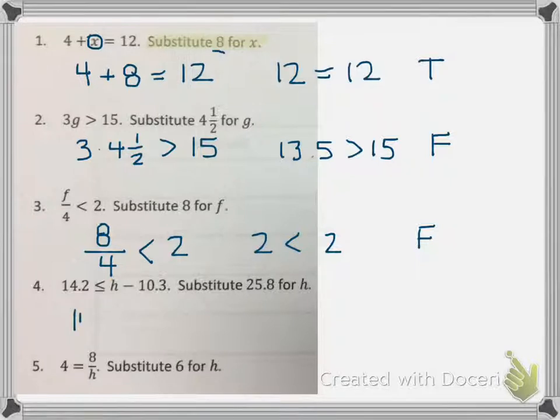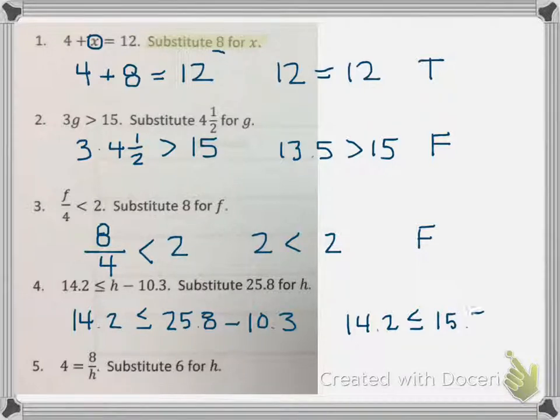So I'm going to rewrite 14.2 is less than or equal to h, which is 25.8, minus 10.3. So I need to figure out what 25.8 minus 10.3 is. And it looks like it's 15.5. So the statement is 14.2 is less than or equal to 15.5, and that is true.